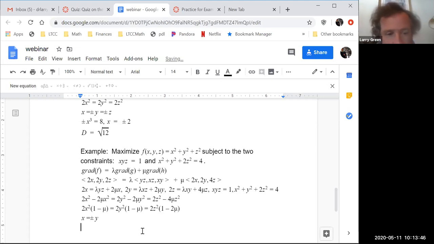So for the second one, let's play around with that one. Now we can get rid of the 2 and we can say x squared times 1 minus mu is equal to z squared times 1 minus 2 mu. We're running out of time, so I don't know if I'll be able to finish this.